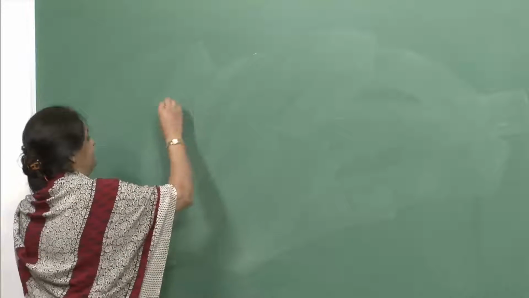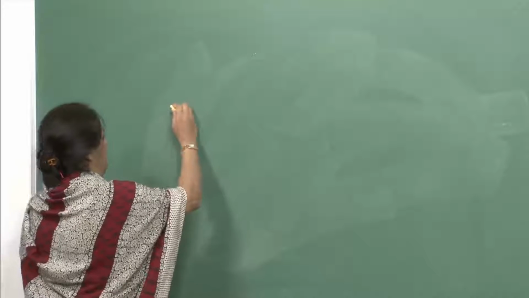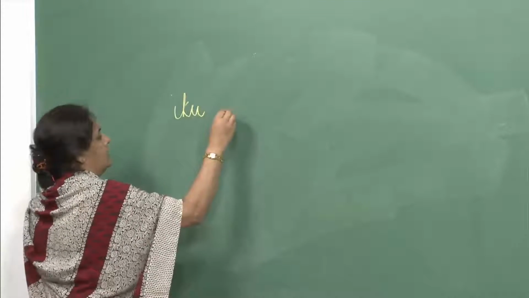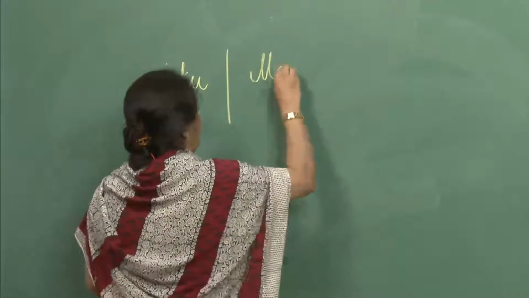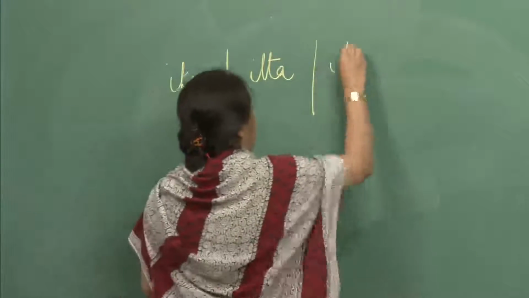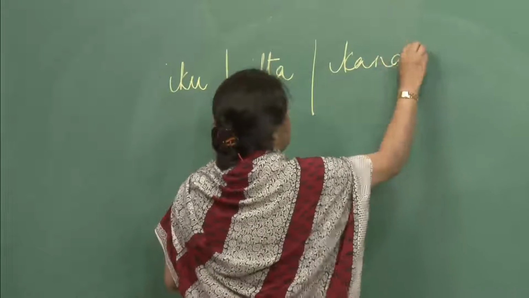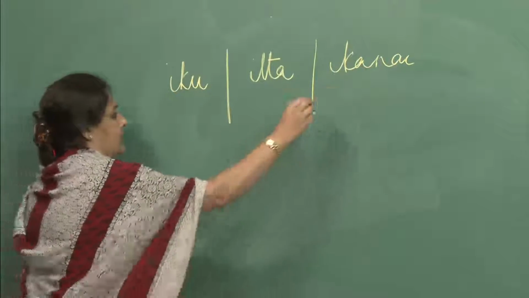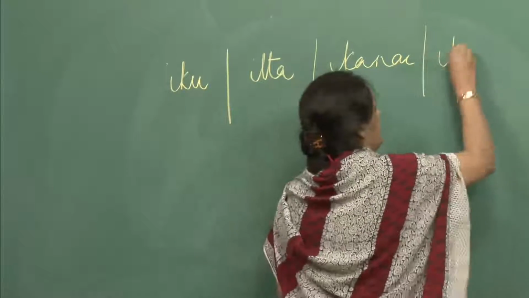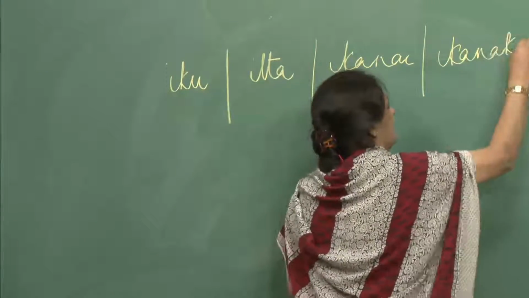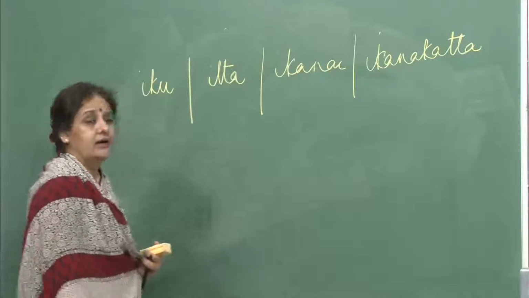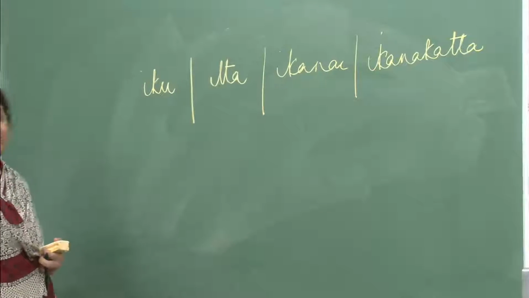We have done iku, itta, ikanai. These are the three that we have done. Today we will do ikanakatta. Now, how do you make ikanakatta?